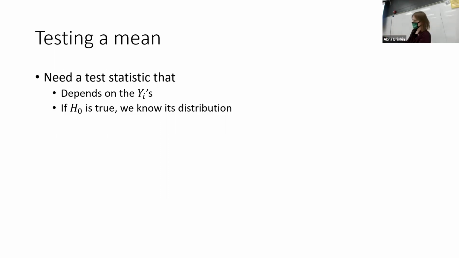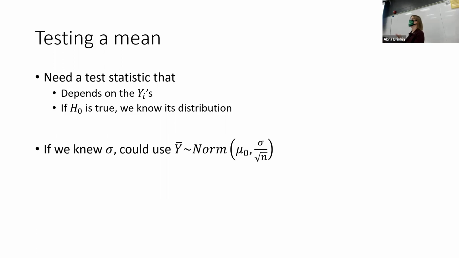So one possibility would be if we knew the population standard deviation sigma, then we could just say that y bar was approximately normal with a mean of mu naught, so the value from the null hypothesis, and a standard deviation of sigma over the square root of n. Or equivalently, we could use y bar minus mu naught divided by sigma over the square root of n.